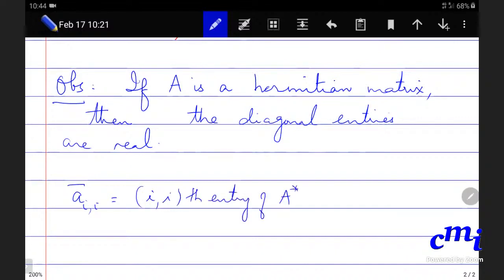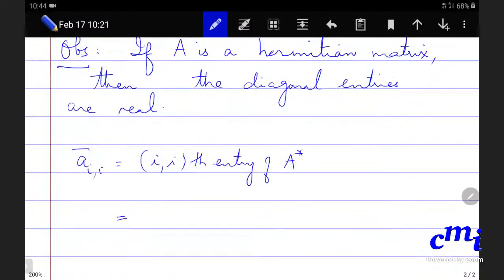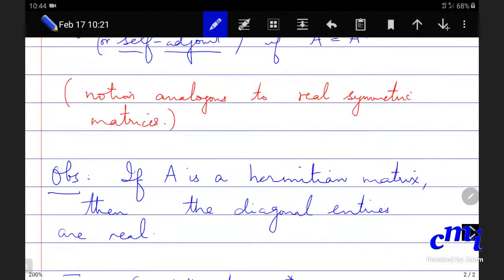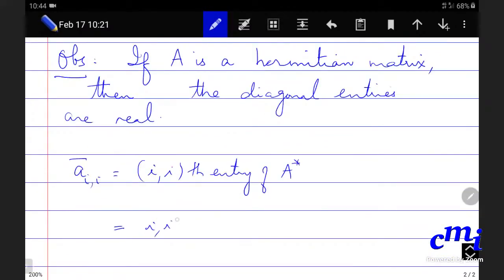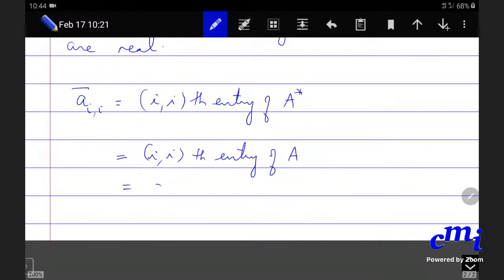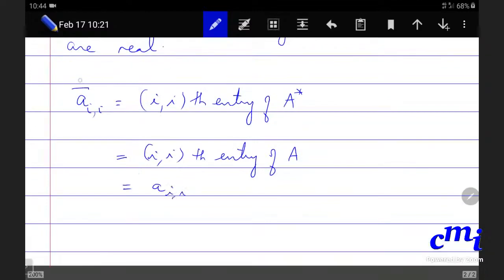But because it is Hermitian, that is A star is equal to A, this is just a_ii. Okay, this is the reason. So this is an observation. This is only a necessary condition.